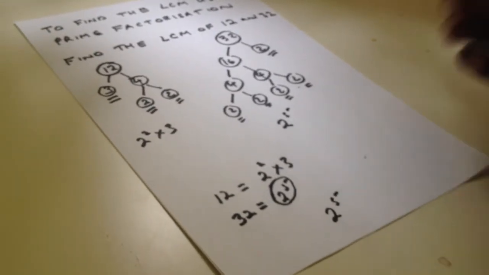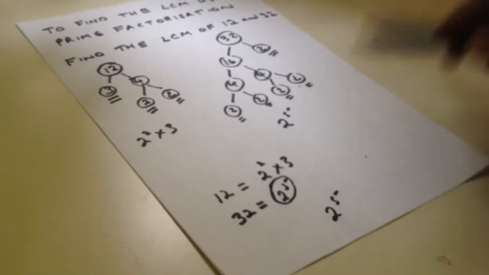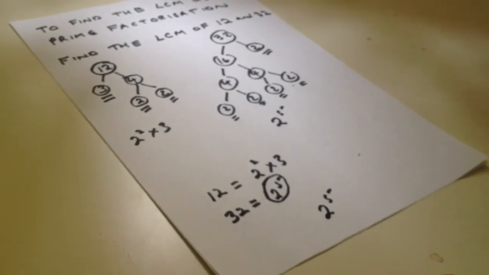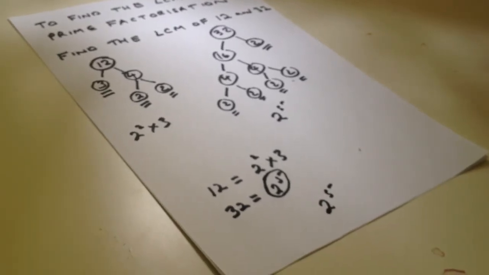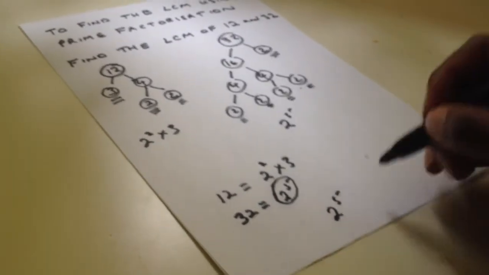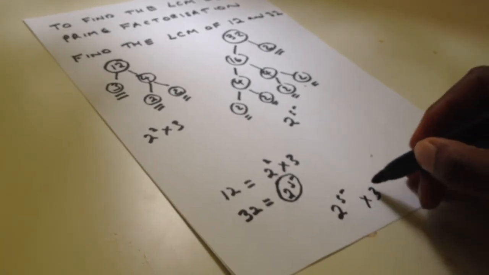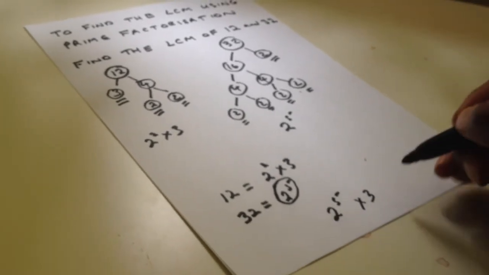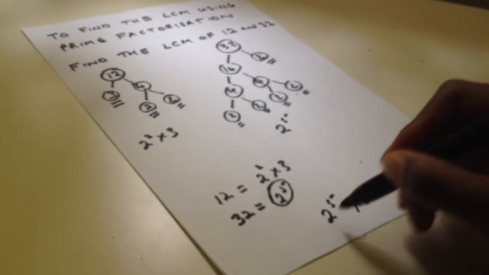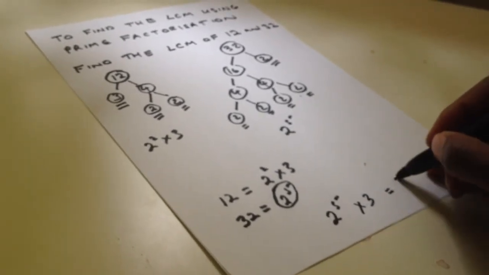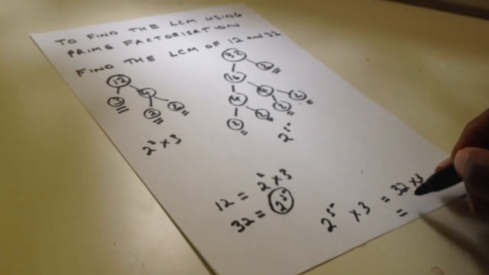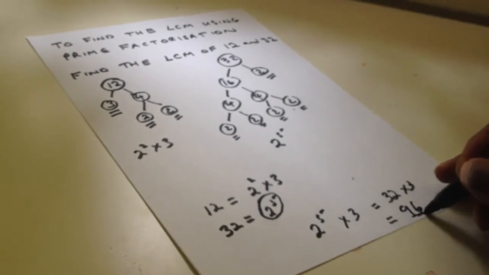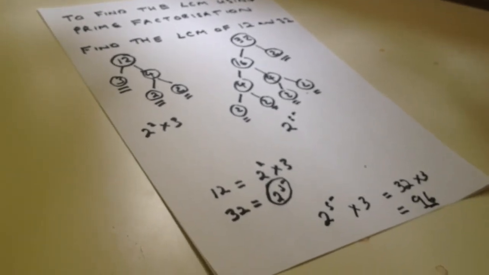Then I look at the index notation for 12 and for 32, and I circle the one with the highest power of 3, which would be with 12. I then simply multiply. 2 to the power of 5 is 32, multiplied by 3 gives me 96, which is the LCM of 12 and 32.